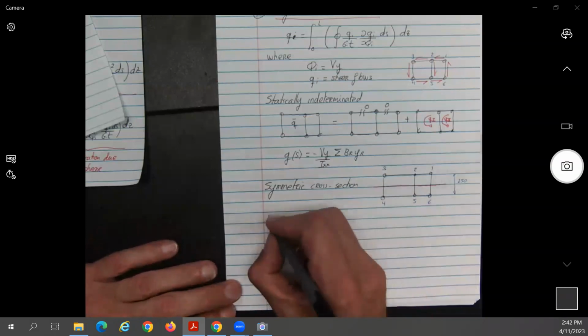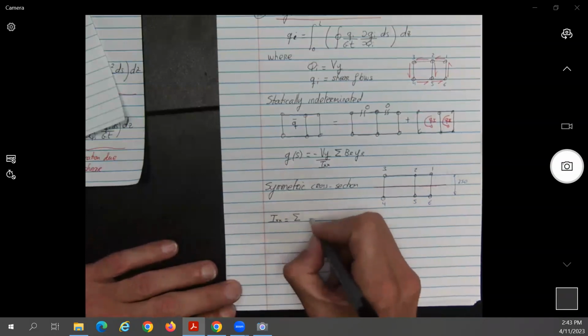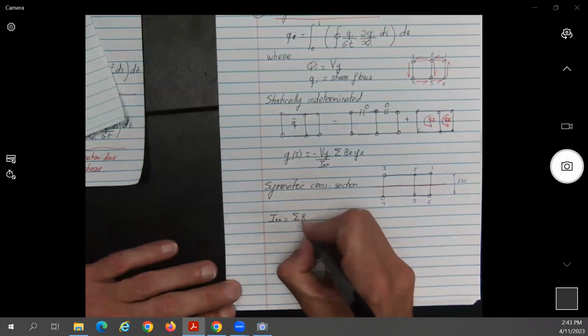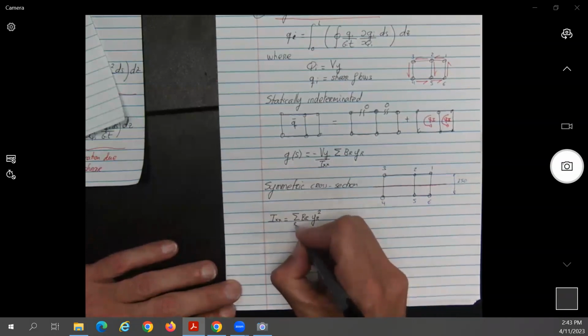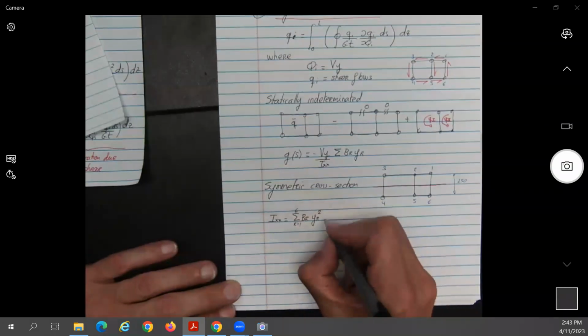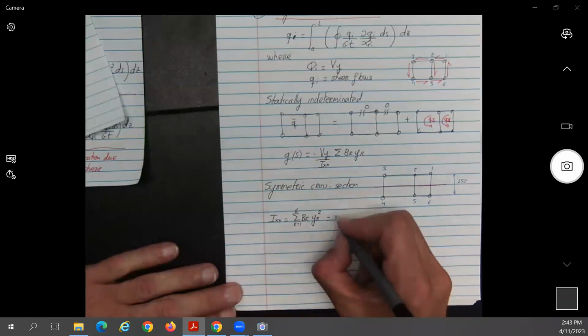Okay, so the Ixx will be equal to what? Summation of what? How do we do the B? It will be B sub R, Y sub R squared from 1 to 6. What are you going to have over here? All right, I'll do it very quickly.